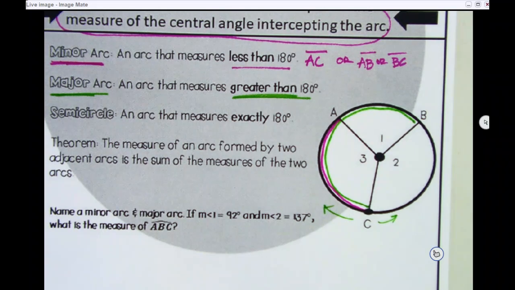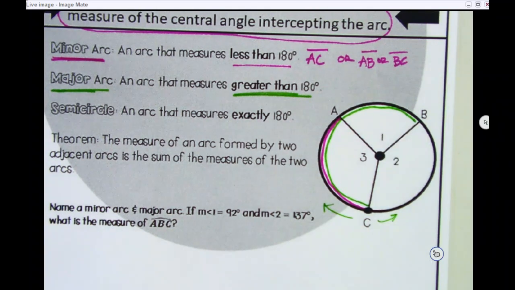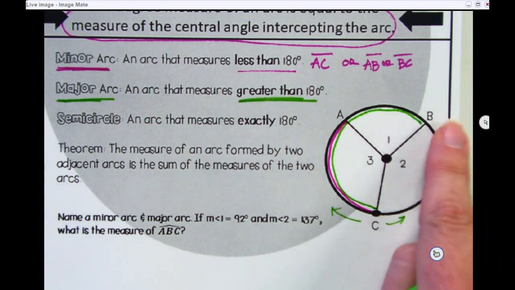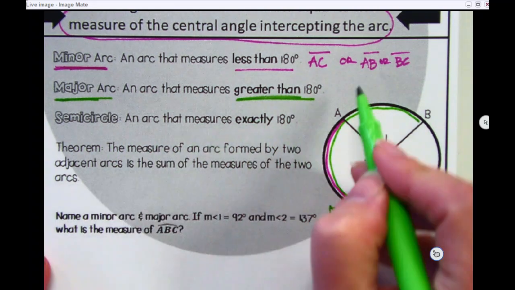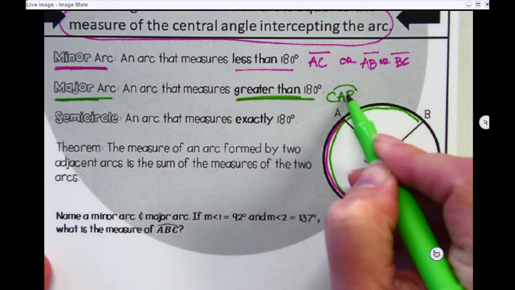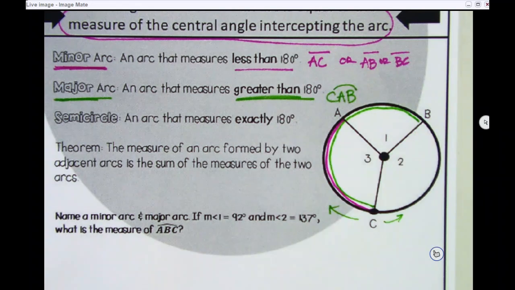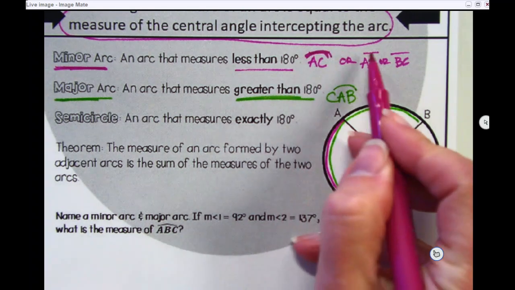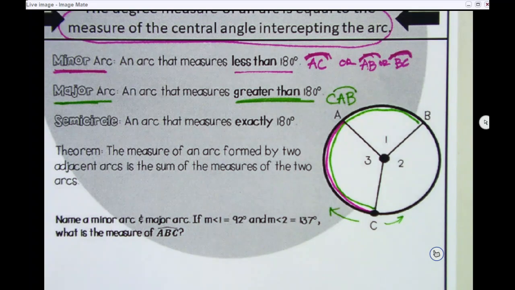Well, I want the major arc, the green one that I just highlighted. So to make sure we go in the right direction, we have to use all three letters. We've got to give it the path to follow. So we would call it arc CAB. You guys are used to a straight line up there, but those should be curves. Those are arcs, not segments. That's my bad. I apologize.